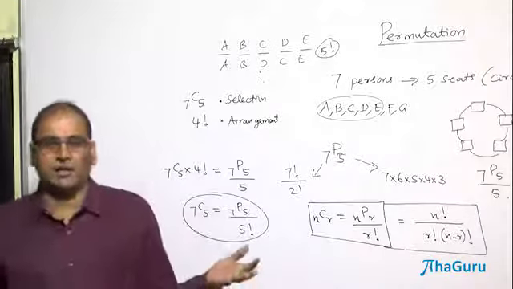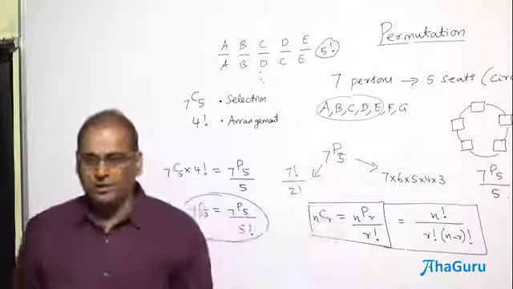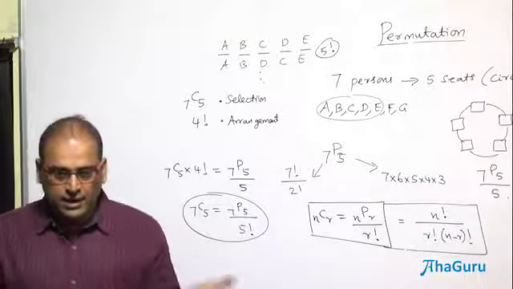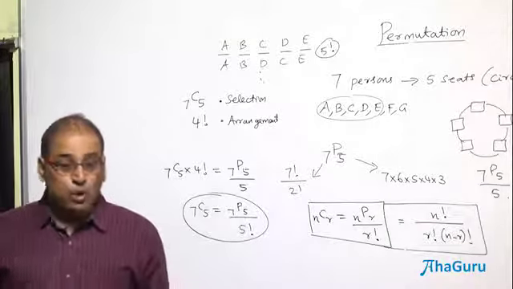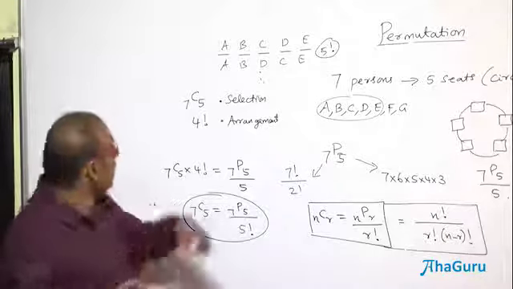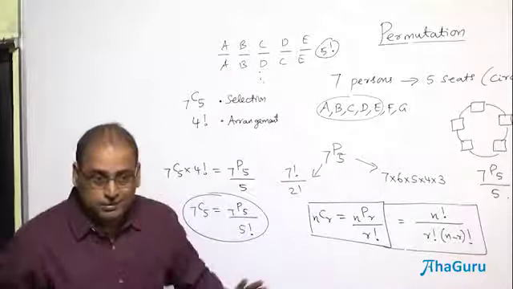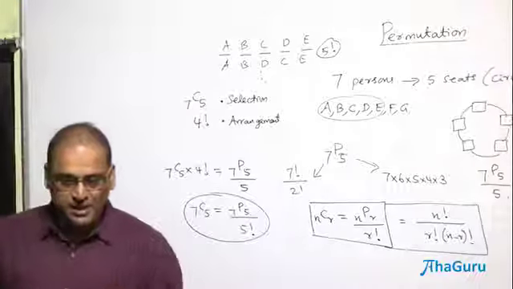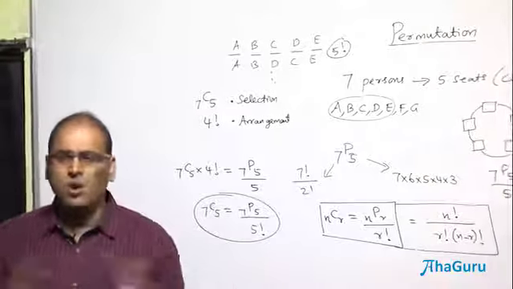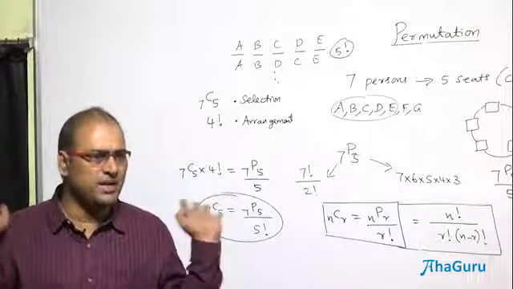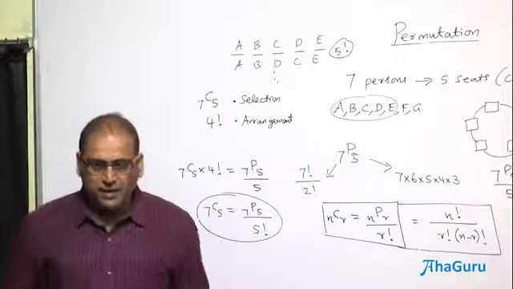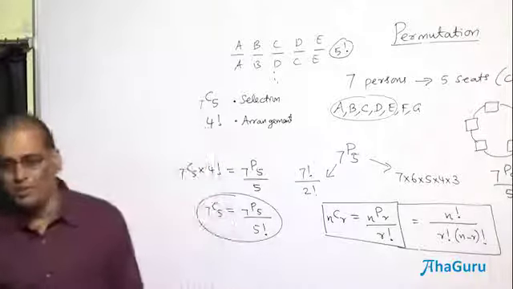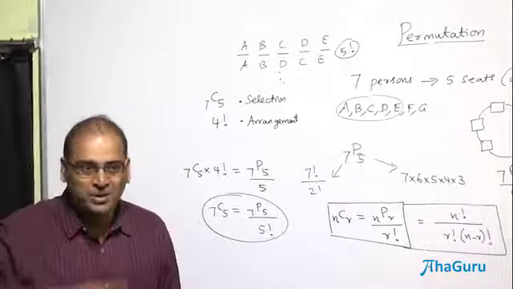So A, B, C, D, E are selected out of the 7. 5 persons are selected. Or I say B, C, E, A, D are selected. This means the same. But if I want the order, I will see these 2 are different. All the arrangements of A, B, C, D, E, permutations meaning rearrangements, are different. But if I don't want the order, I want only the combinations, which group is selected, and I already know the permutation, then to come to combination, what will you do? Divide.